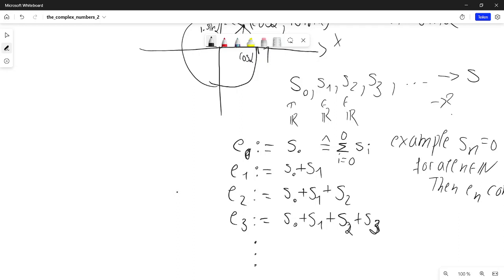These are the terms in the sum, and this is where I start and where I end. If I know these are the terms in the sum, then I know there will be S plus S, and here are the different indices.